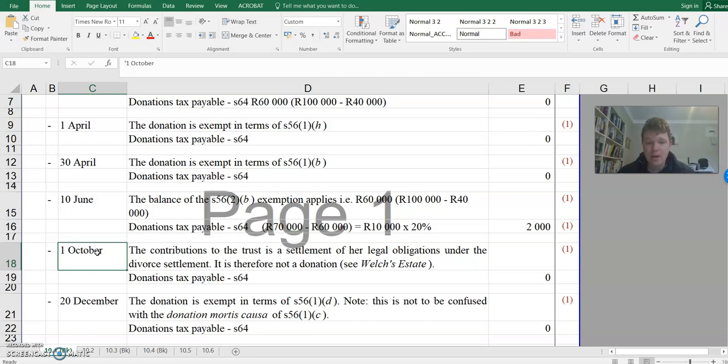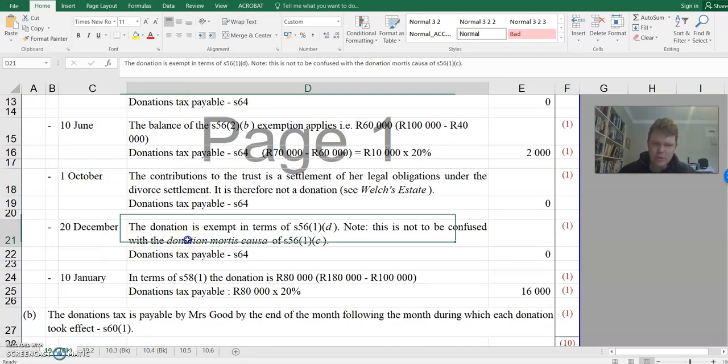Now, the key thing here, any donations, contributions, anything you give to a trust, anything like that, if it's in terms of a divorce settlement, is not a donation. You might be getting nothing in return, but you're giving it in terms of a divorce settlement, not in terms of a donation. So therefore, it is not a donation, and donations tax does not count.